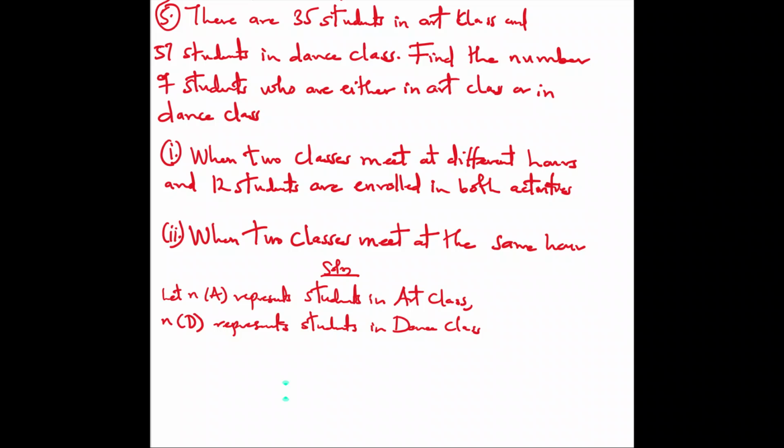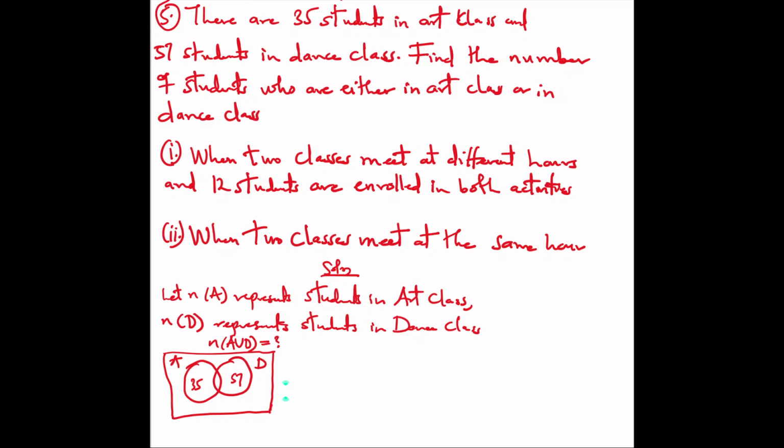Now let's draw the Venn diagram. So this is it. We have A, we have D. The number of A is 35. 35 students are in art class and 57 are in dance class, and we have to find the students who are both in dance and art class together.